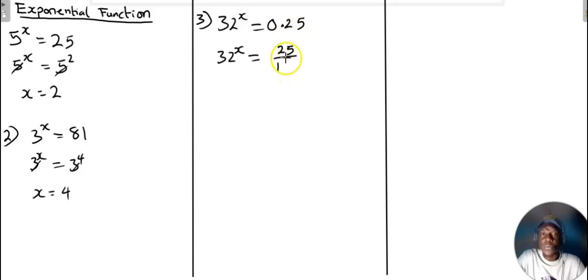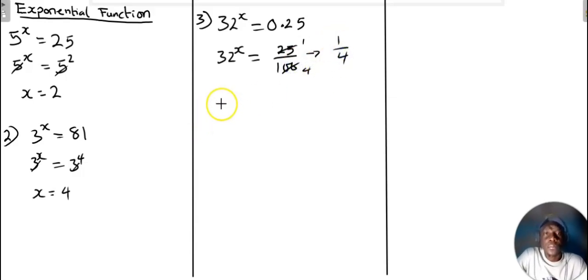That's 100. So 25 over 100, which when you break it down to its lowest term, 25 in 25 is 1, 25 in 100 is 4. So that's the same as 1 over 4.